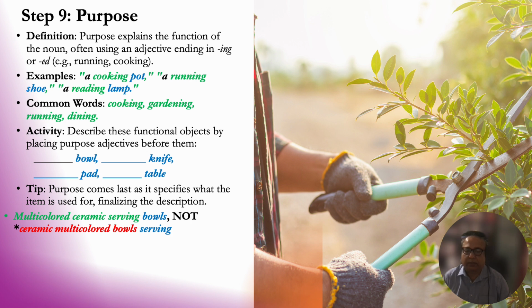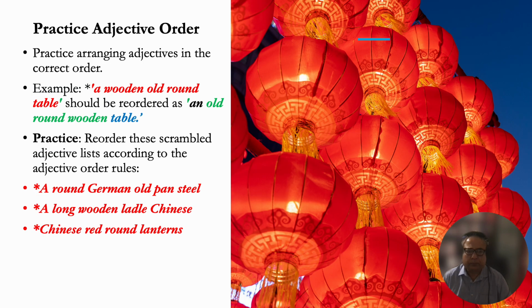Multicolored ceramic serving bowls, not ceramic multicolored bowls serving. Now, did you notice that color comes before ceramic, which is material? Multicolored ceramic serving is the purpose of the bowls. The bowls are used to serve, let's say, soup, for example. Okay? So that is Quasas comp for you.